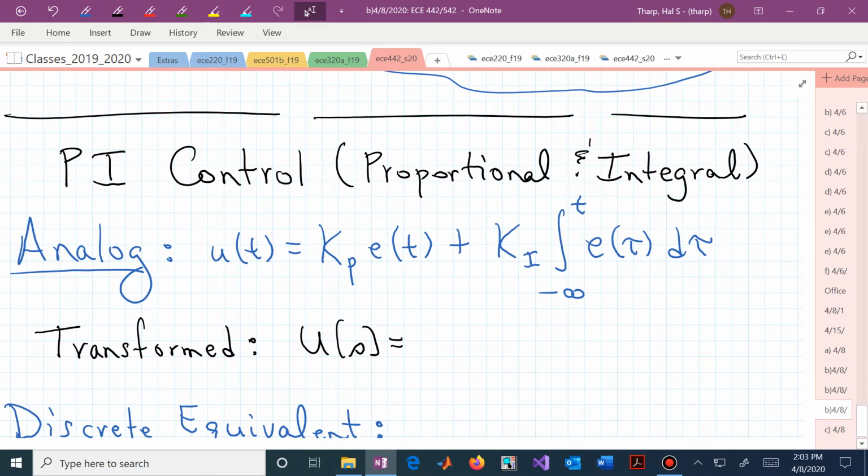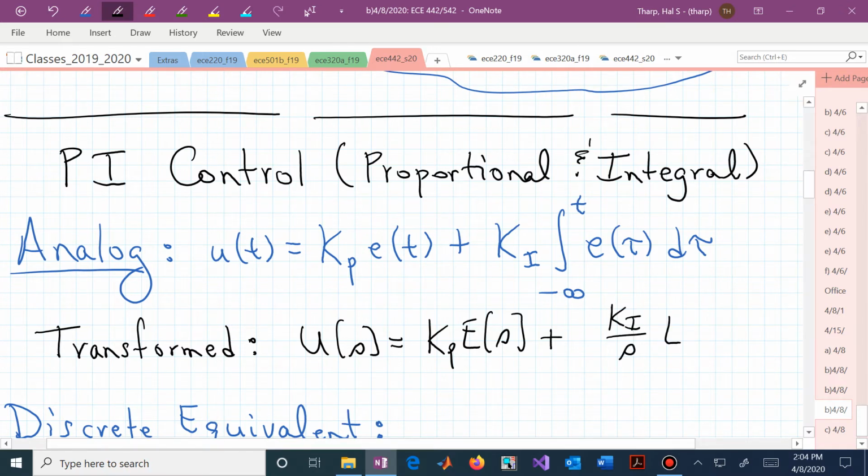Now we can take that into the frequency domain by transforming that equation, and we have capital U of S on the left is equal to k sub p times capital E of S, or the Laplace transform of the error signal, plus, and now what does an integral look like when you take it into the frequency domain? That's now division by S. So now you have k sub I over S times E of S.